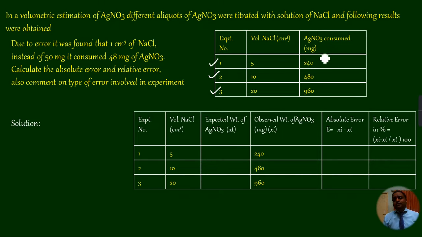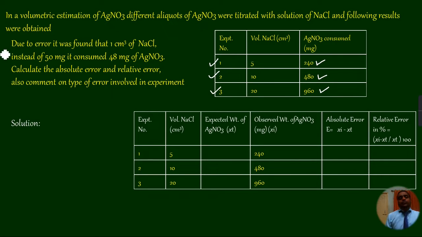The amount of silver nitrate required to react with 5 ml, 10 ml and 20 ml of NaCl is, for 5 ml 240 milligrams, for 10 ml 480 milligrams, and for 20 ml of NaCl 960 milligrams. So this is the given data.